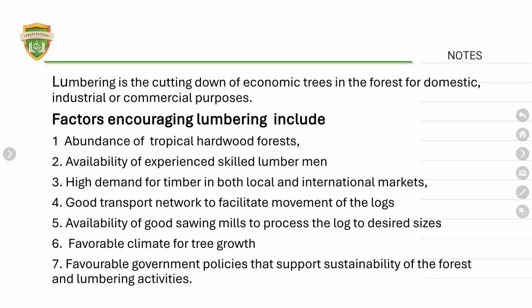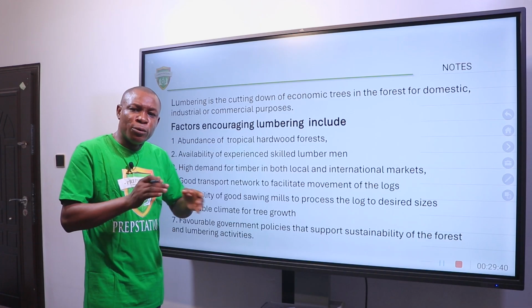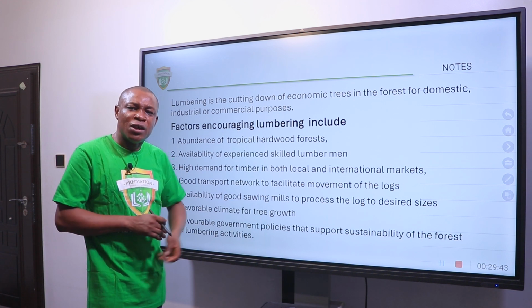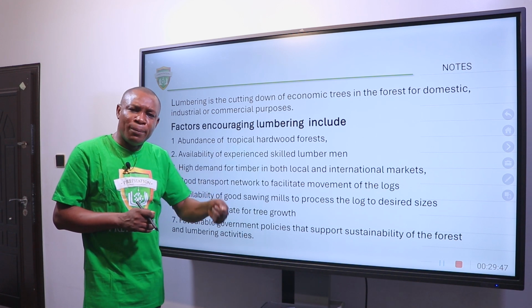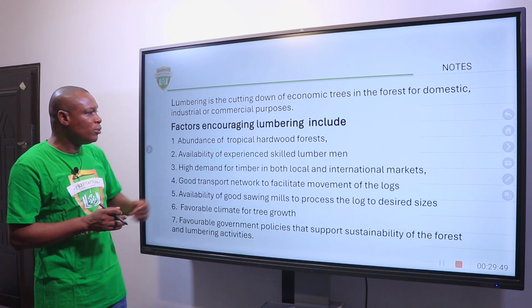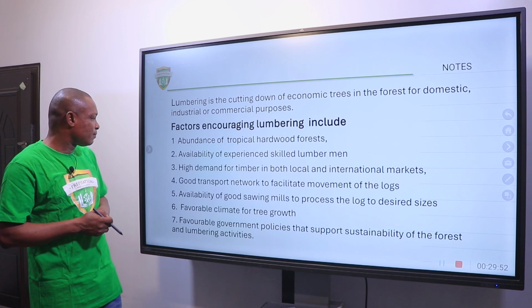So the presence of varieties of trees in the tropical rainforest makes lumbering activities possible. Availability of experienced lumbermen. Lumbering requires some skilled experts to actually cut down these trees and process them into logs. So you need this skilled labor called lumbermen to do the lumbering activity.